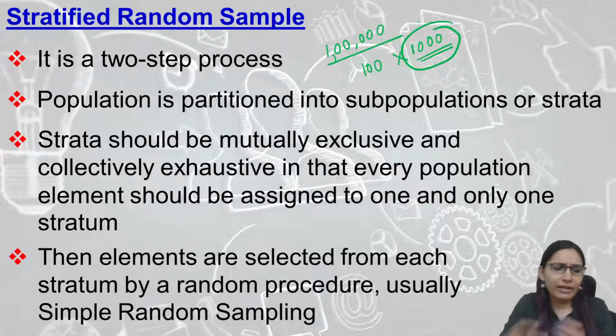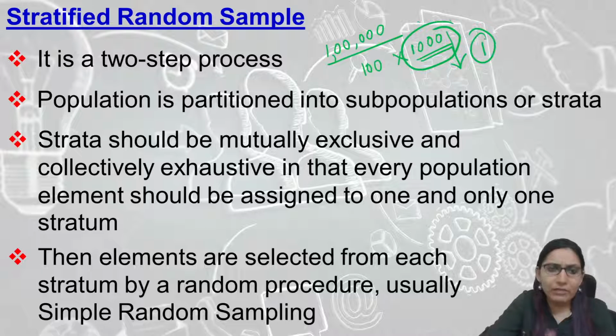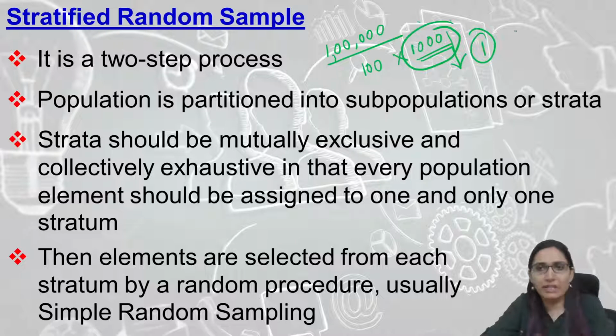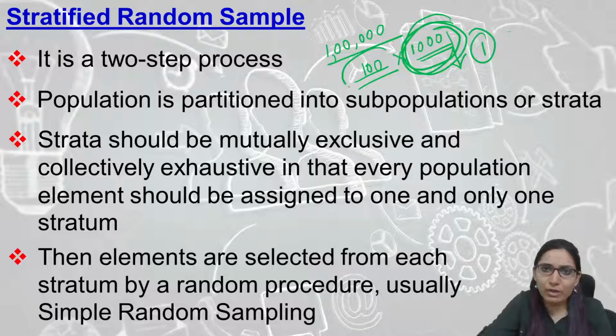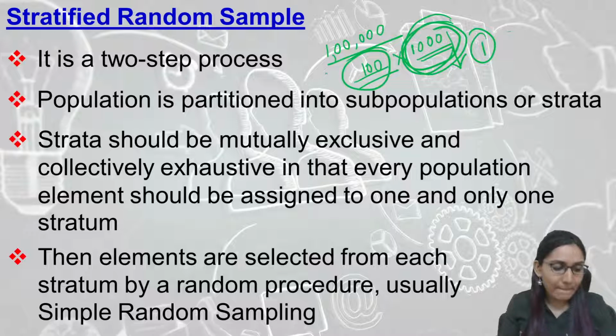Okay, you have divided it into 1000 strata or groups representing 100 people each. So from these 1000 groups, from every group you will choose one person, or however many are needed, and this choosing from the group of 100, how is it chosen? Using simple random sampling. Okay.